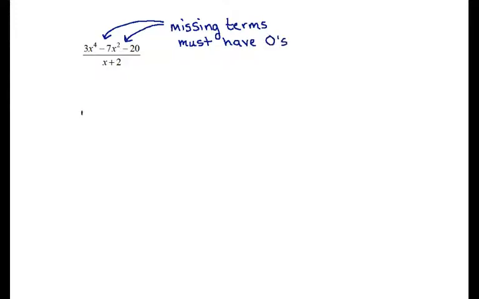So I will set up my bracket, and starting with 3, the coefficient of x cubed is 0, the coefficient of x squared is negative 7, the coefficient of x to the 1 is 0, and then the constant term would come last.